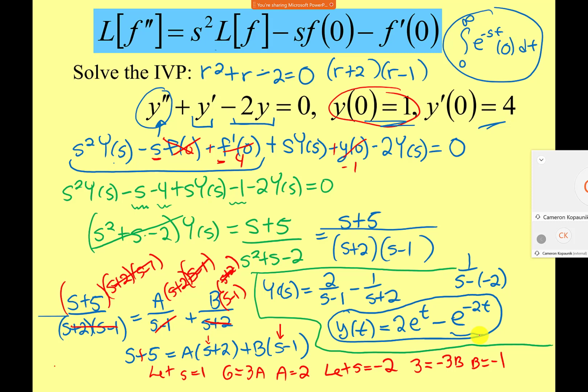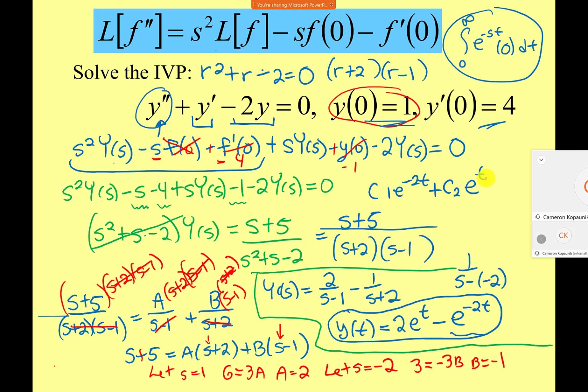But when I wrote the solution, I would have had to go c1 e to the minus 2t plus c2 e to the t, and then I would have had to figure out the initial values to find the C1 and C2. So it still would have been some work, but not as much work as the Laplace transform.